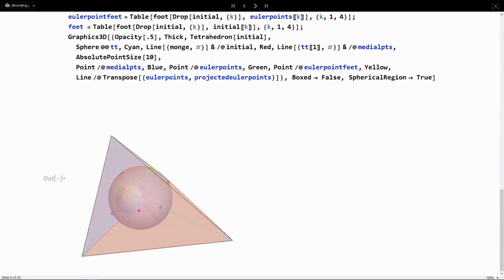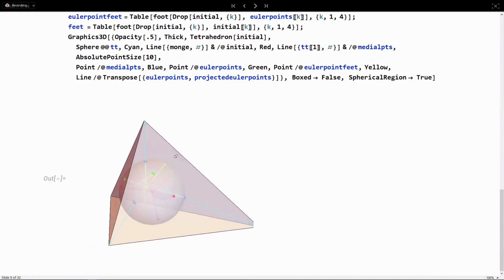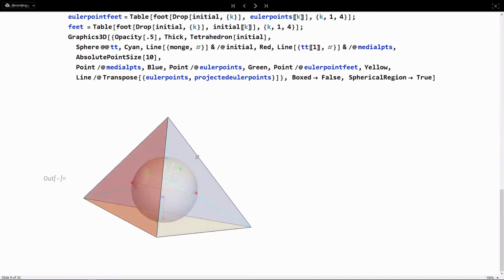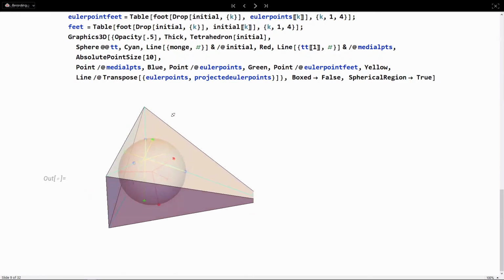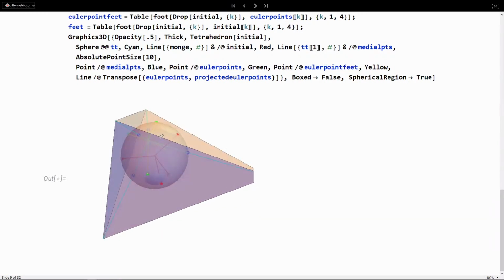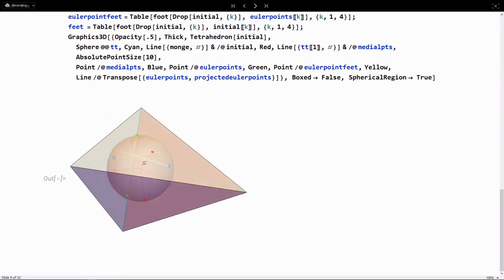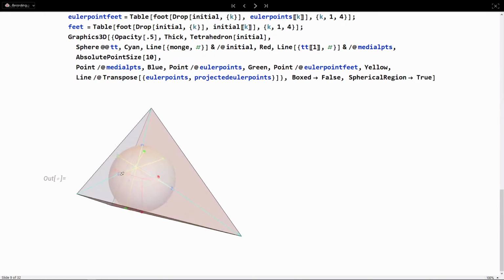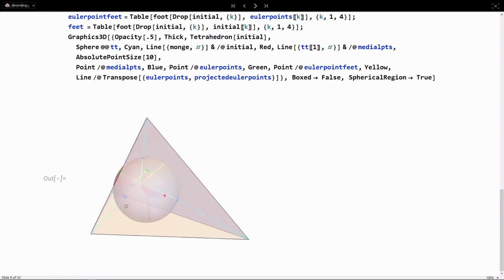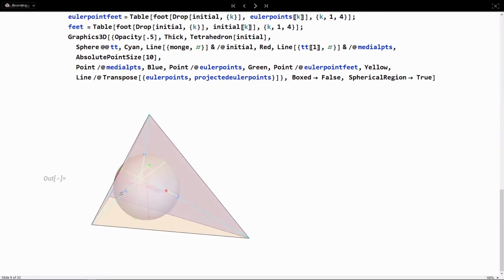So here we have in red the centroids of each face. In blue, you can see there's blue lines meeting at a central point.